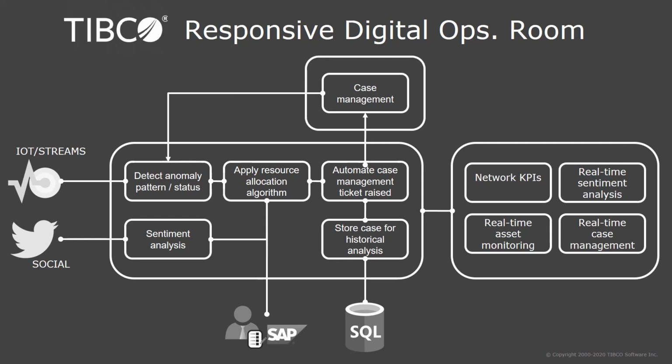Also, another factor we consider in resource allocation is the vicinity. We want to optimize the resource allocation, so we want to see who is the nearest resource that can take care of this particular issue, and based on the distance from the site where the issue has been raised, we allocate the resource.